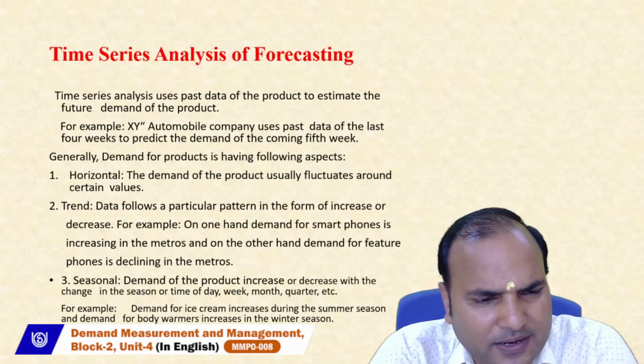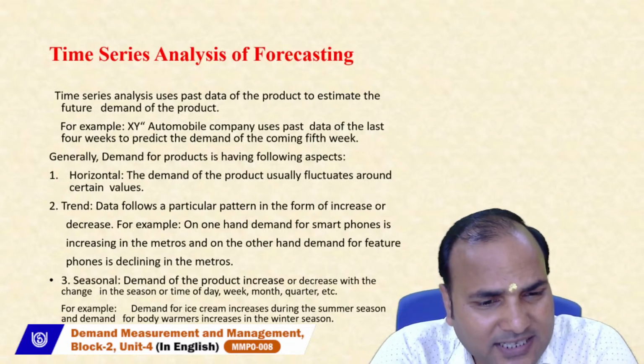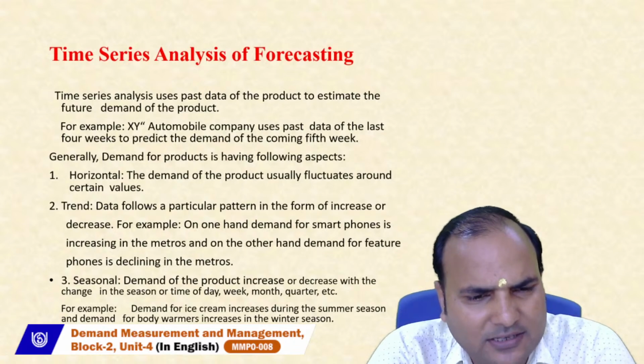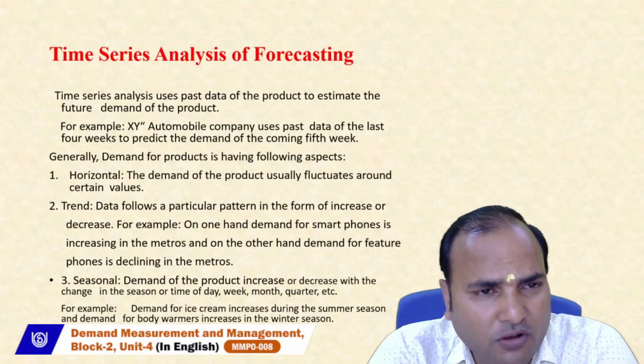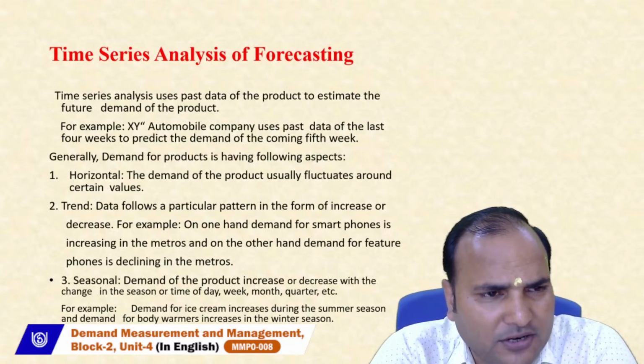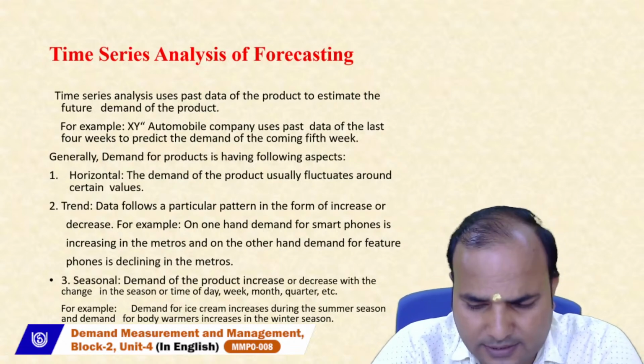So it is a seasonal effect. Likewise, monthly and quarter-wise, the demand for some products changes. All these are the different aspects adopted in the time series analysis of forecasting.